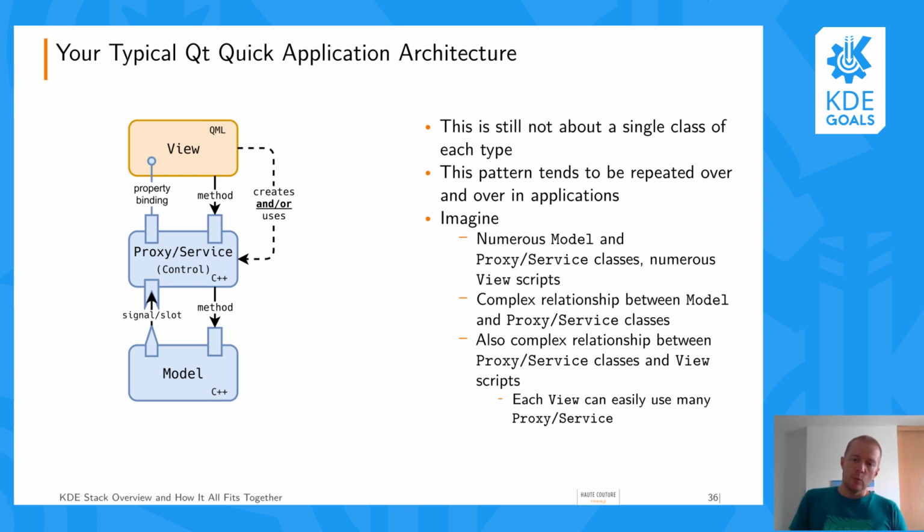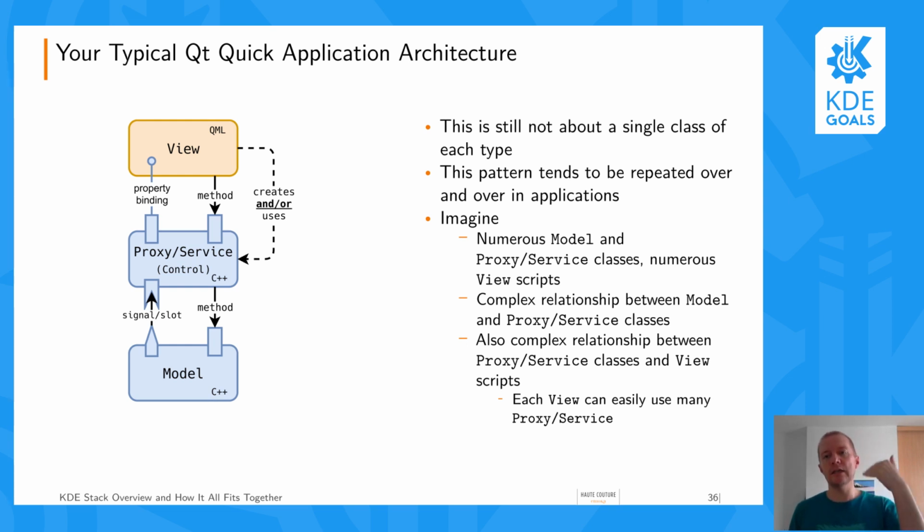So that starts similarly. We have the model objects, okay, C++, several of them, they have signals, they have methods, right? Then you would have a control part, which I will call here proxy or service. That one will react to signals coming from the model, and would have methods which it calls on the model, okay?